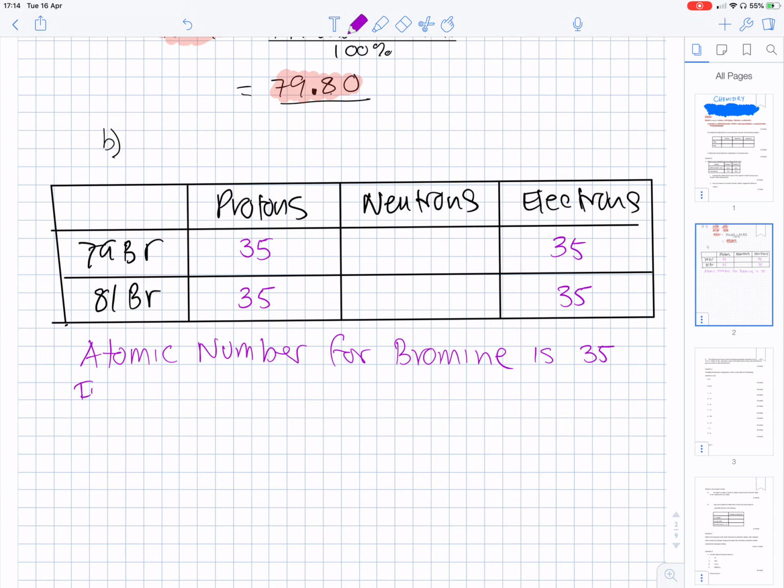So in a neutral atom, the number of protons is equal to the number of electrons.